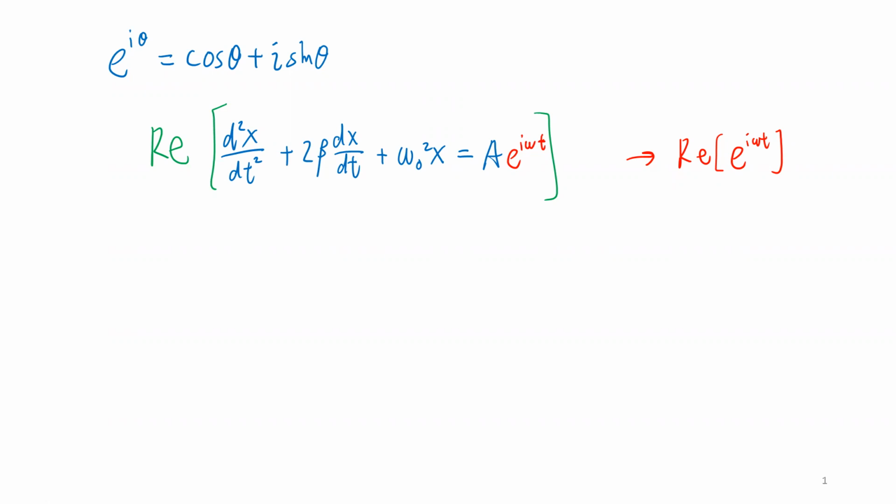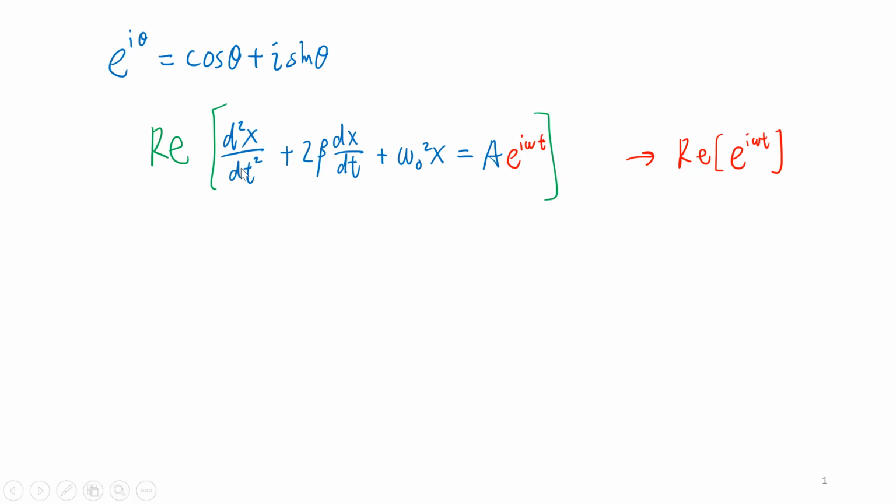So why is it easier? First of all, I'm not going to worry about the complementary solution anymore. I want to just focus on finding the particular solution. Before, if you have a cosine omega t on the right-hand side, then the particular solution you try is also something sine omega t plus something cosine omega t.